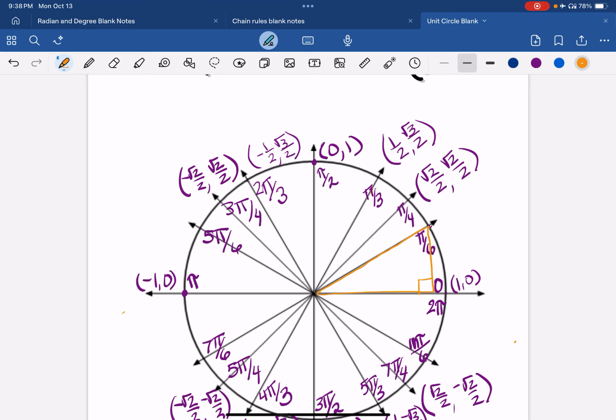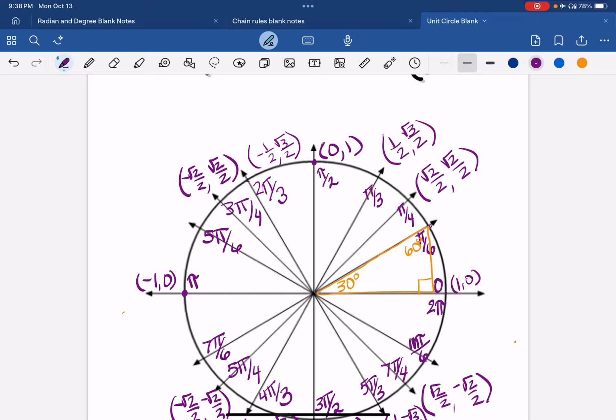So this is also a 30, 60, 90 triangle, which is like what we had for pi over 3, except it's turned on its side. So what happens is your x and your y values trade places. So like here, this was the x value, this was the y for pi over 3, but now for pi over 6, they're going to trade places.